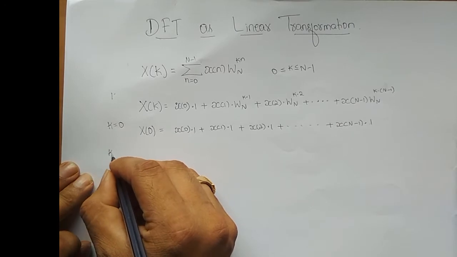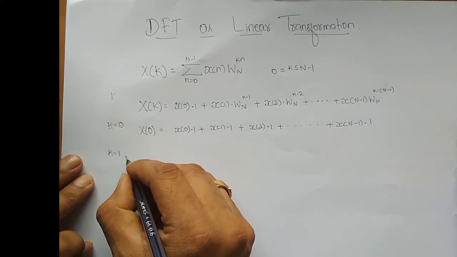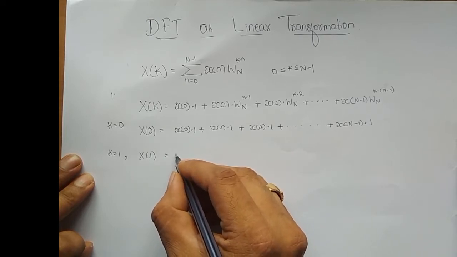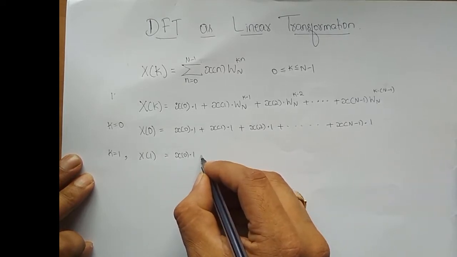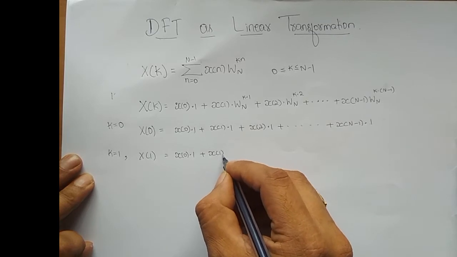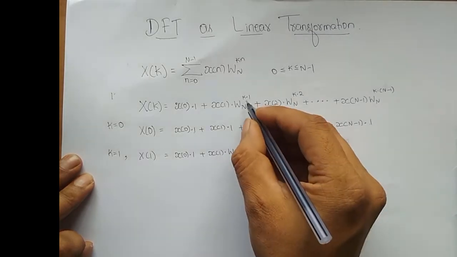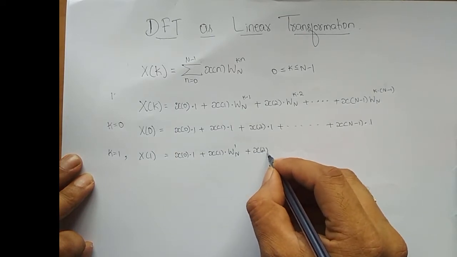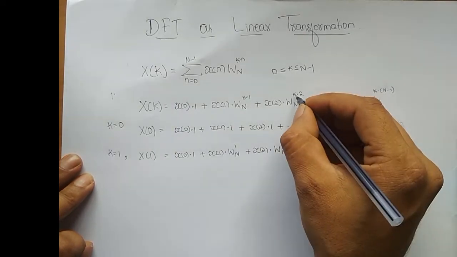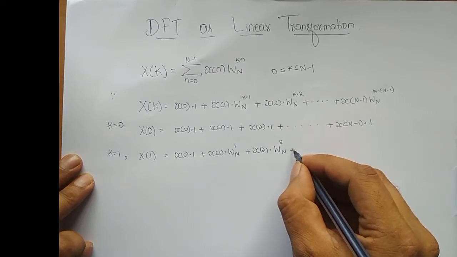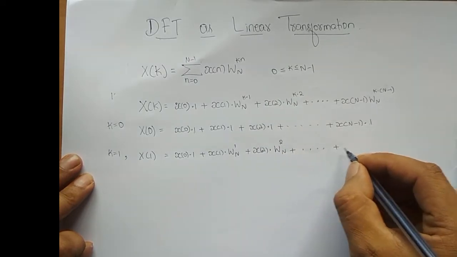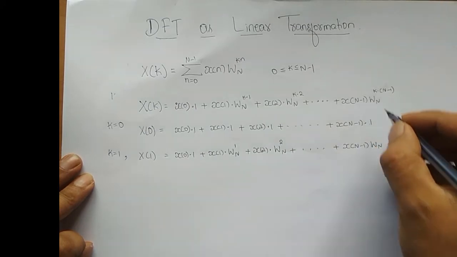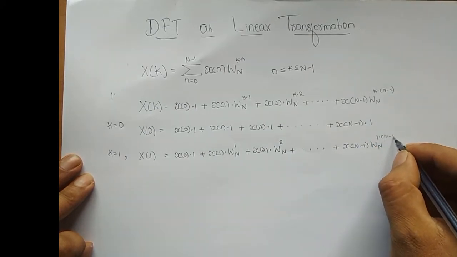Now when I give k equal to 1, we get X of 1 is equal to x of 0 into 1 plus x of 1 into W_N power k, which is 1 into 1, plus x of 2 into W_N power 1 into 2, plus dot dot dot, plus x of N minus 1 into W_N power 1 into N minus 1.